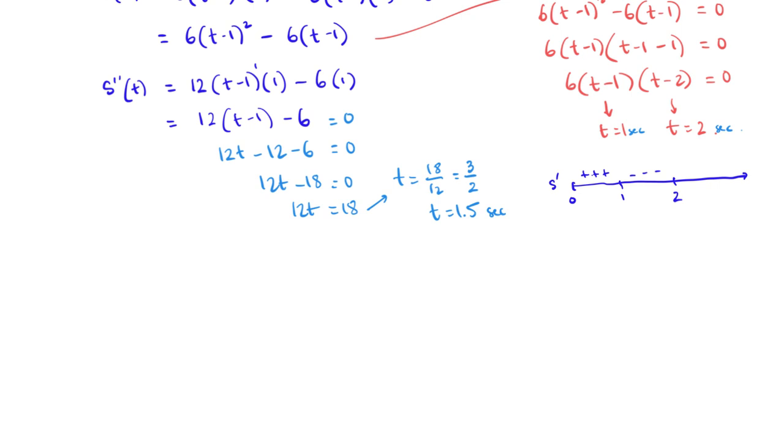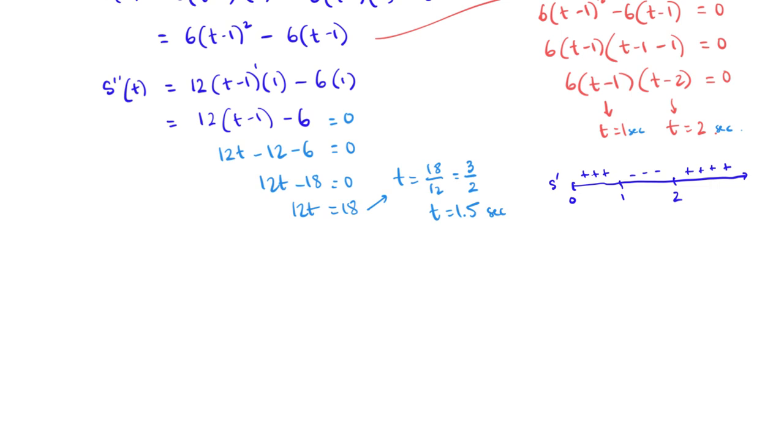And lastly, we pick any number in the last interval, such as 100, but 3 will do. 3 minus 1 is positive, 3 minus 2 is positive. A positive times a positive is positive, so the first derivative is positive from 2 to infinity.